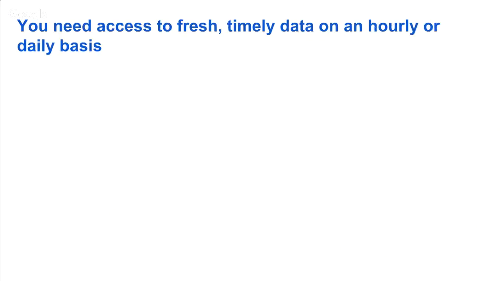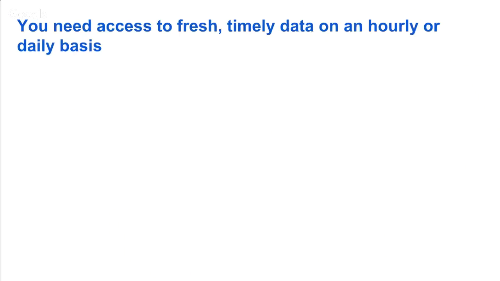Another thing: you need access to fresh and timely data on an hourly basis, but it takes too long to get access to your data in the free version. Why is this important?